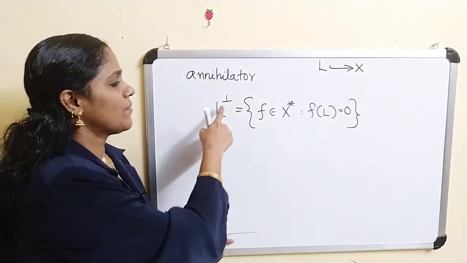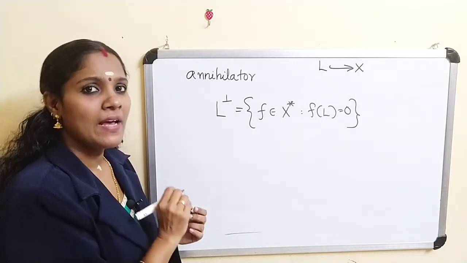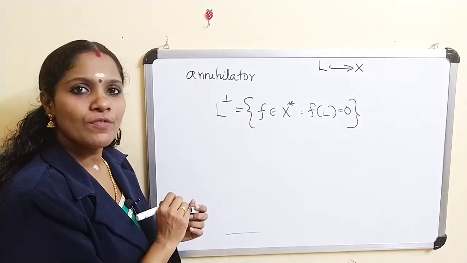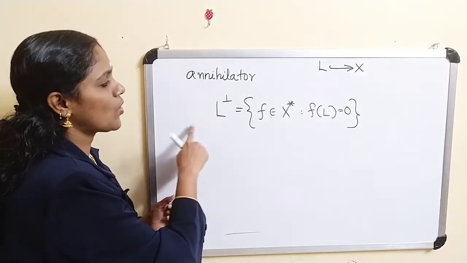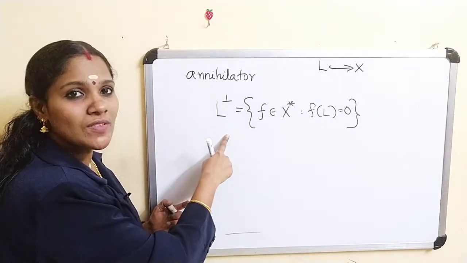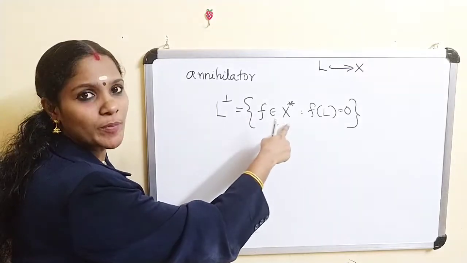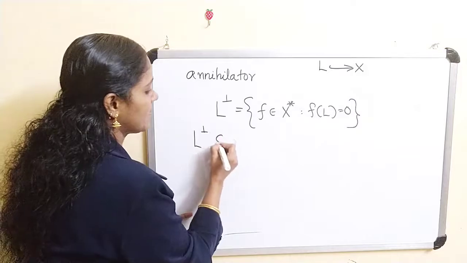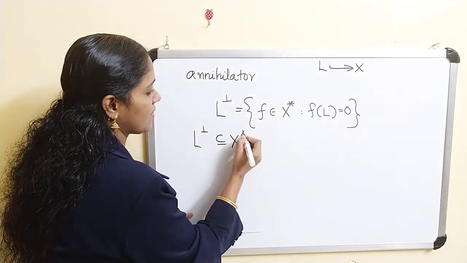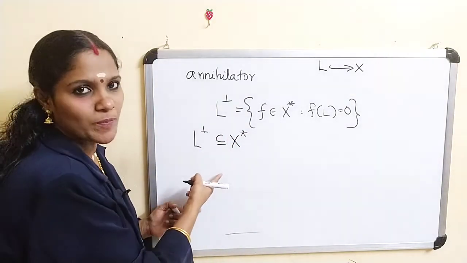Okay, so L perp consists of all f belongs to X star for which f of L is equal to 0. Now there is a note: L perp is a closed subspace of X star. Clearly L perp is a subset of X star.